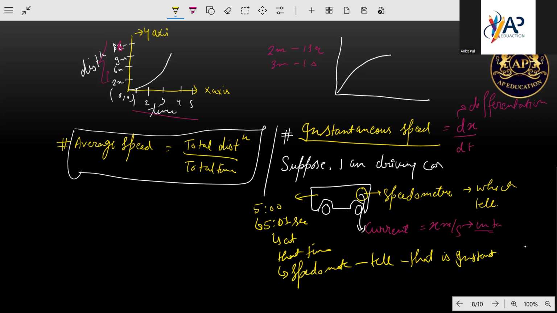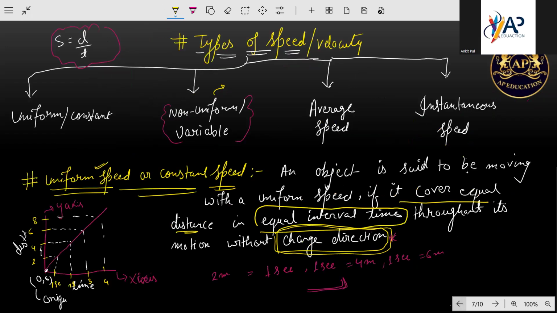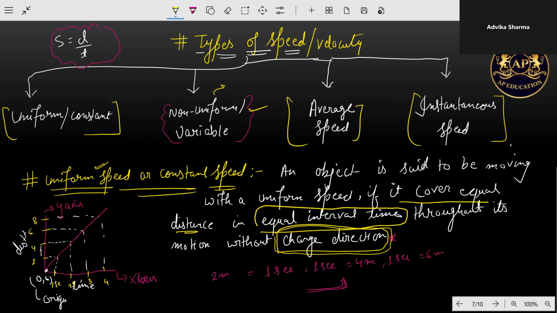Now I think it is clear. Is there any doubt regarding uniform or non-uniform, average speed, instantaneous speed? No. The same we can define as velocity: uniform velocity, non-uniform, average velocity, instantaneous velocity.